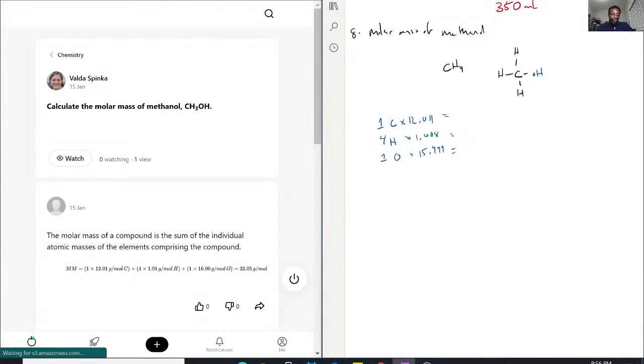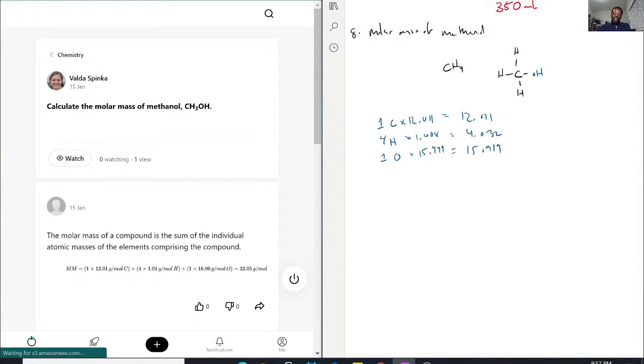And because most of these are 1s, the other 2 will remain relatively, if not exactly, the same. But the hydrogen, there's 4 of them, so we multiply by 4. So it'll be 12.011, 15.999, and now, let me just check, it'll be 4.032, okay?